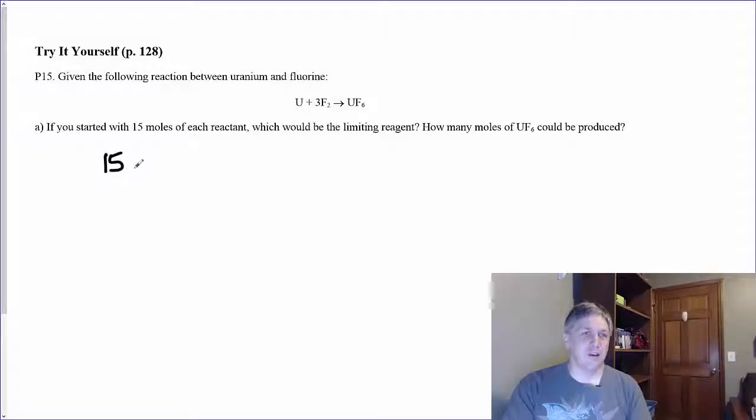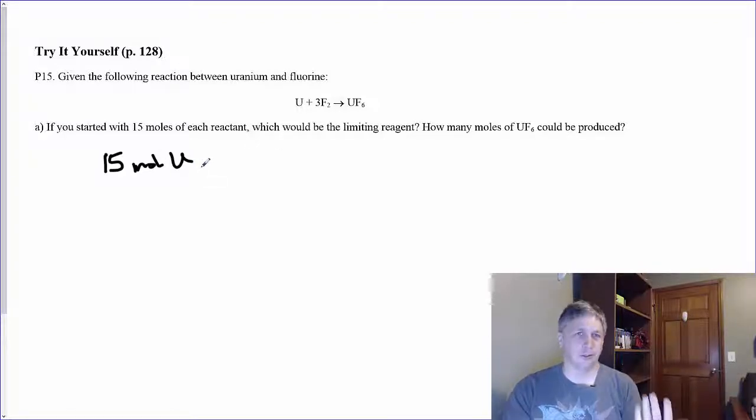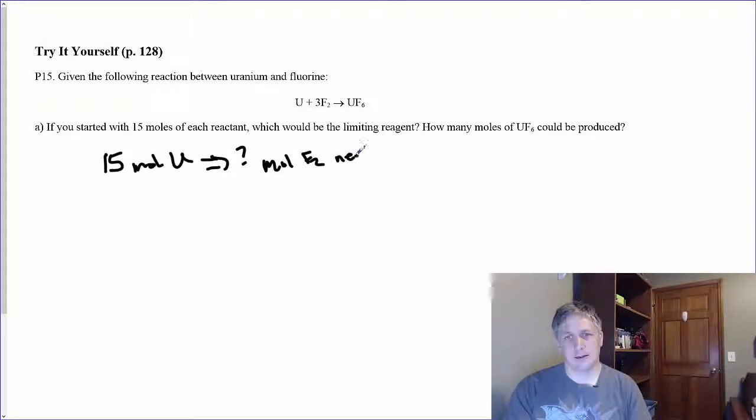So let's say all 15 moles of uranium react. I just usually pick whichever one's written first. All right. How many moles of fluorine do you need to react with all 15 moles of uranium? So it's a stoichiometry problem, just a simple mole-to-mole conversion.